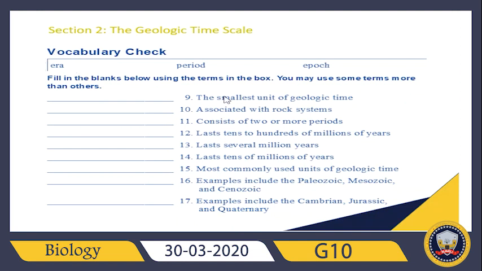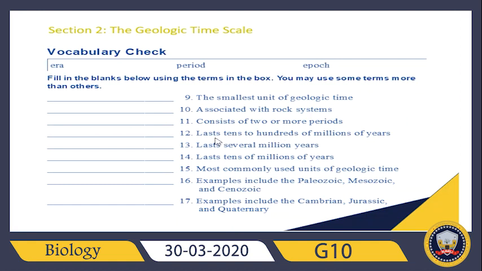Era consists of 2 or more periods. Okay. So next, guys, 12, it will last tens to hundreds of millions of years. Guys, what do you think? Again, the answer will be the era. Era lasts tens to hundreds of millions of years.